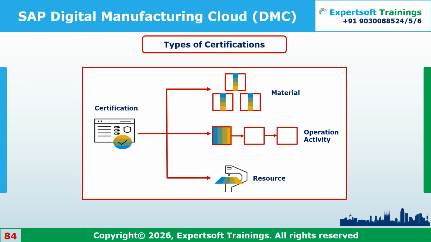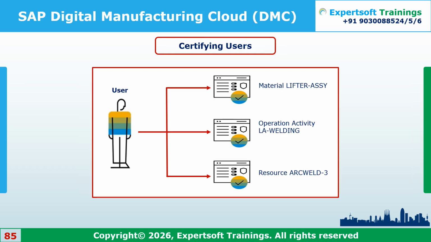Otherwise, he can get an error or a warning while performing that activity. So these are the material, operations, and the resource.